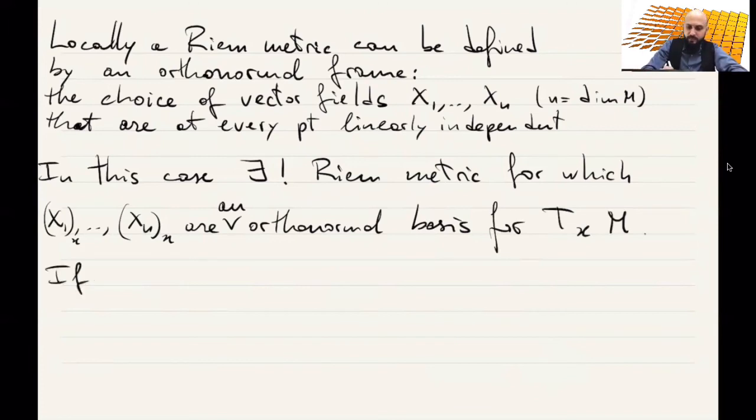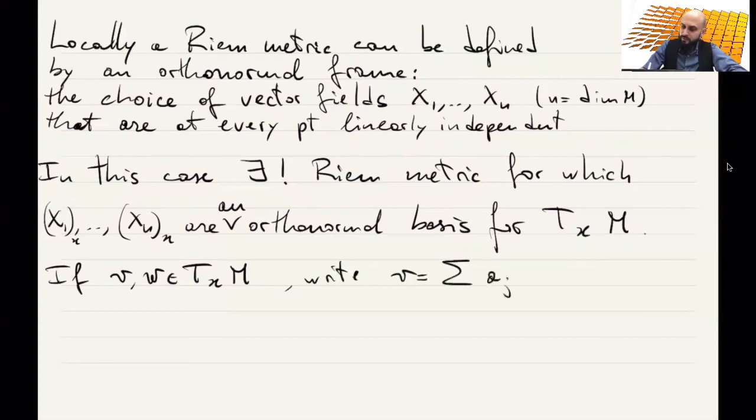If v and w are vectors in the tangent space, we can write v as a linear combination of the xj's evaluated at x, likewise for w.